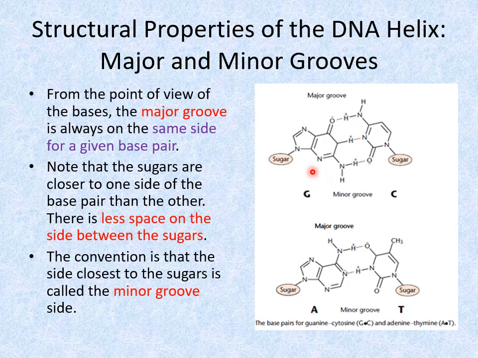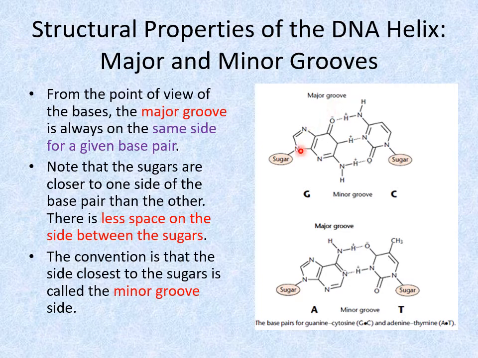A part of the nitrogen base pair is more near the sugar, and the distance between these sugar entities is less. So the side on which the distance between these sugar entities is less is the minor groove, whereas the side where this distance is more is the major groove.